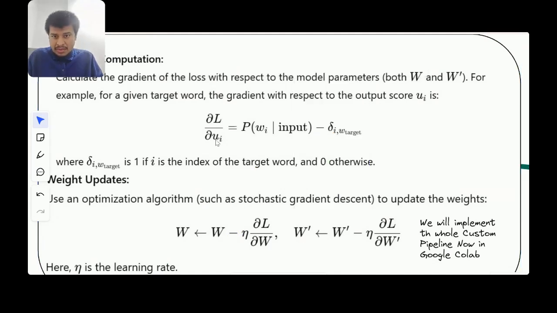We compute the loss by doing this, and then we update the weights for both the first embedding matrix, that is your initial weight matrix, and the output layer's matrix. Both of these layers' weights would be updated in this way.